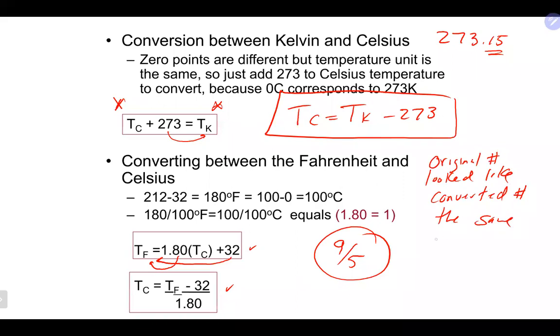So if you had 1 decimal place in Fahrenheit and you converted it to Celsius, it also should go to 1 decimal place. If you had a whole number for degrees Celsius and you converted it to Kelvin, you should have a whole number for Kelvin. Any questions on that?